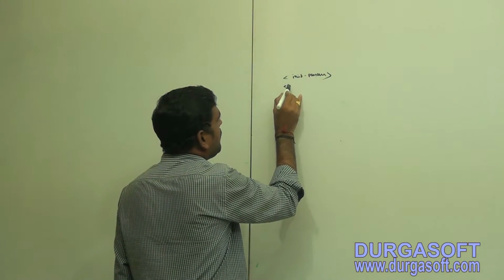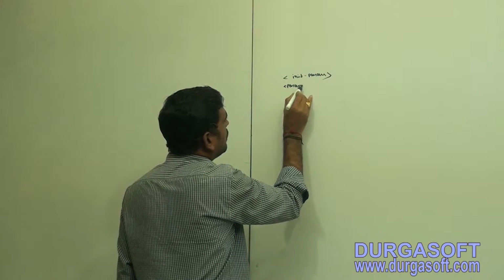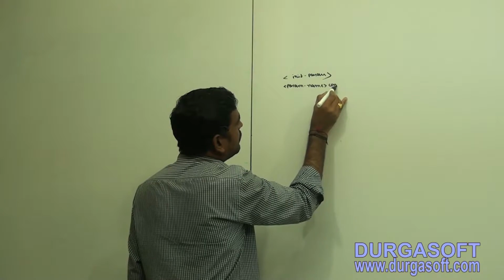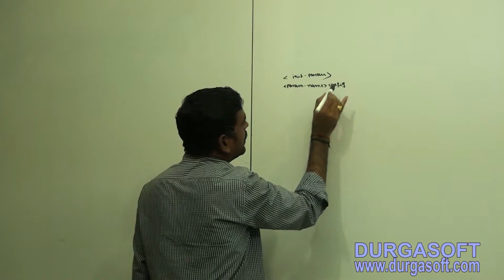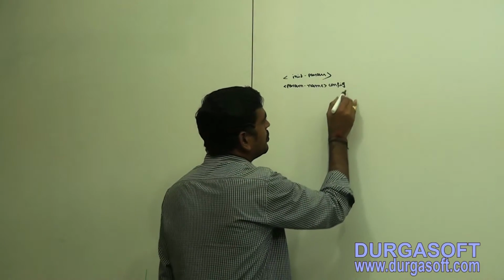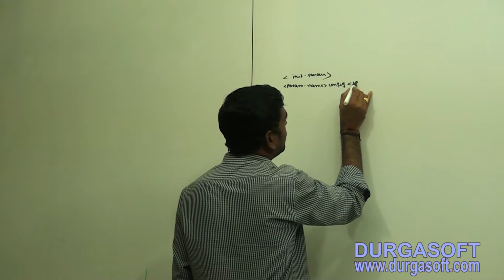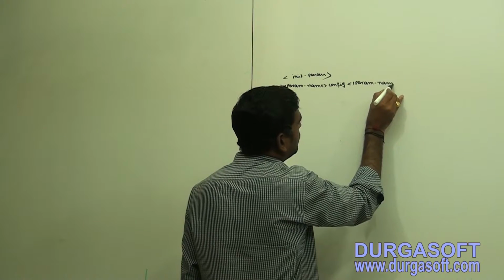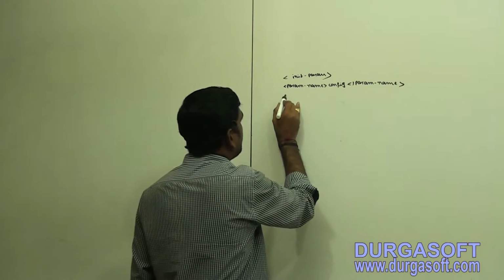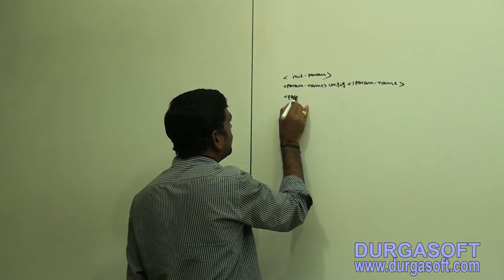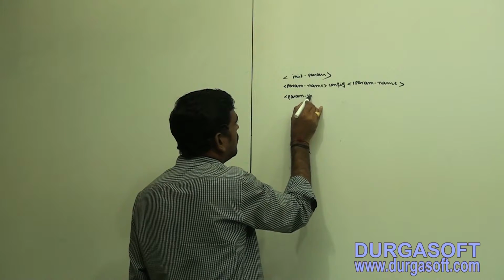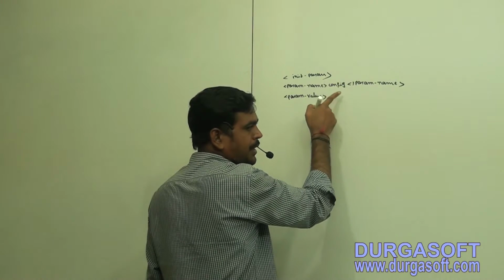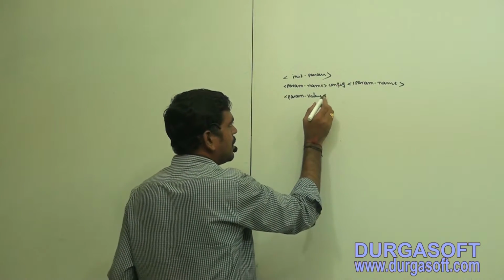Now param name config, then close the param name. The next param value. This is the fixed, config is the fixed name, okay?